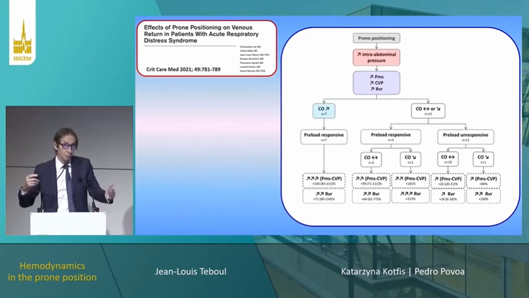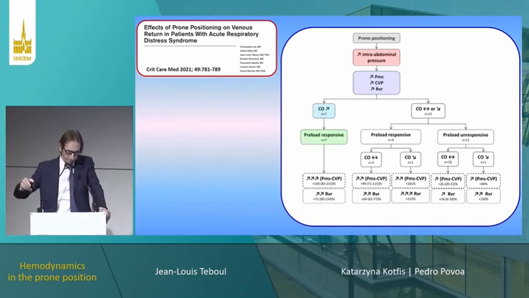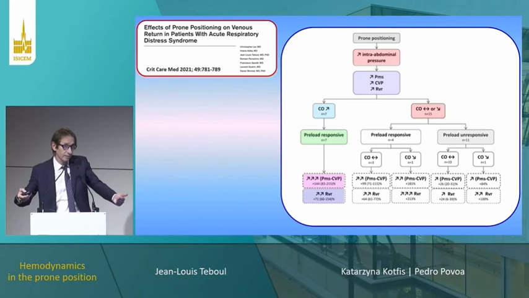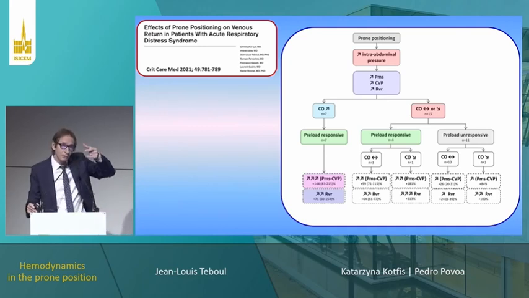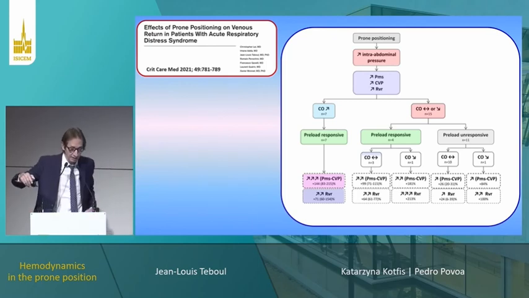And of course, if you want to have an increase in cardiac output, you should be preload responsive. This is necessary. But sometimes cardiac output does not change or decreases, exceptionally, but this is a possibility. This, of course, will happen in preload unresponsive patients, but this could happen in preload responsive patients when the resistance to venous return is high due to the increase in abdominal pressure.